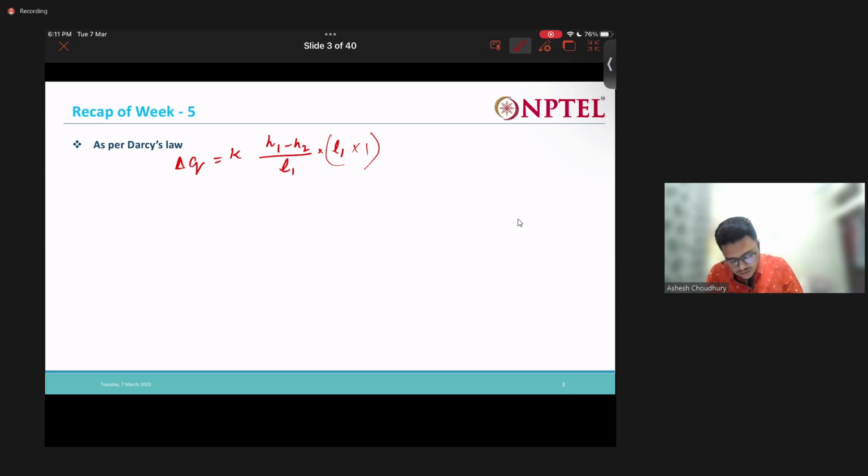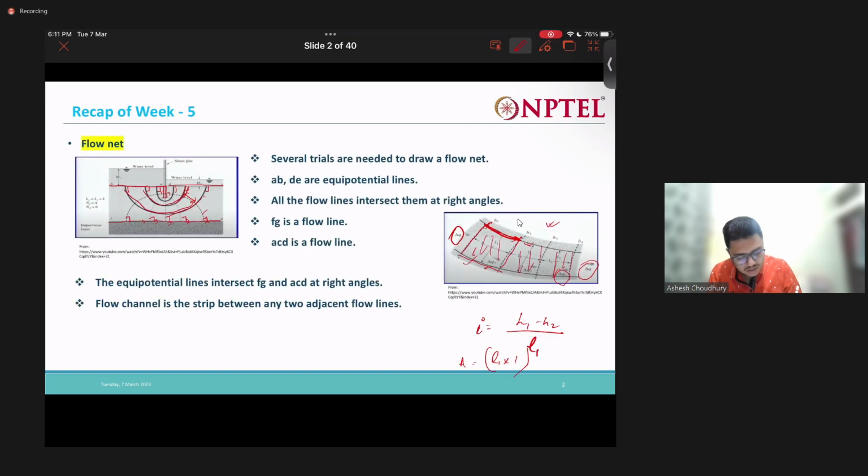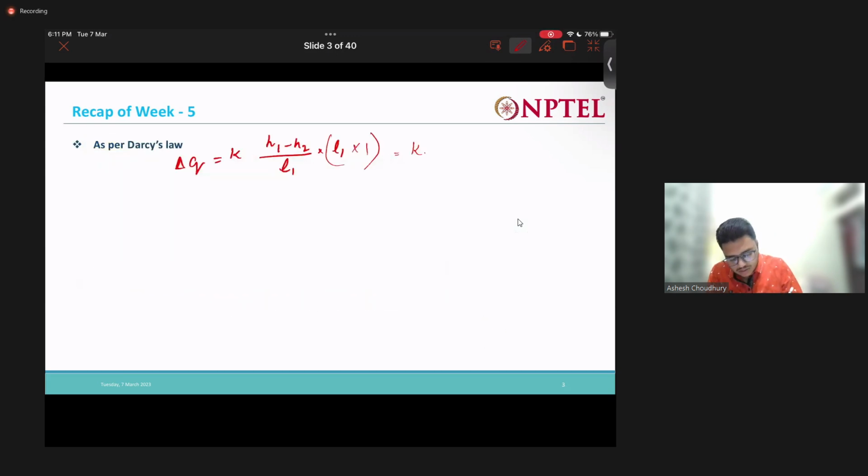So these are all equal. This is delta q1, and all these delta q's are equal, nothing but k into h2 minus h3 by L2 into L2. So all these will be equal.